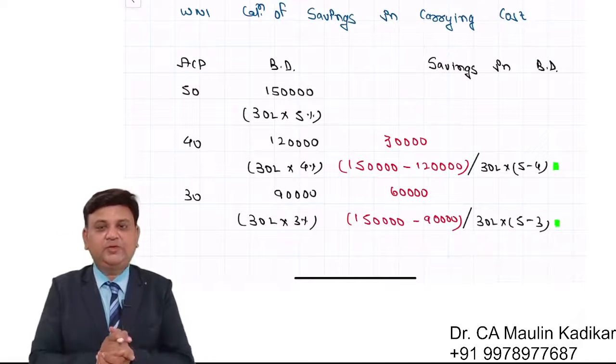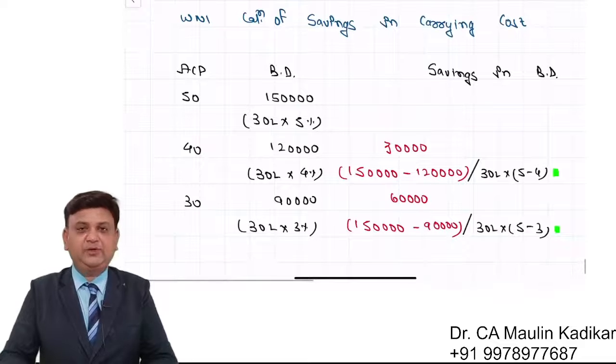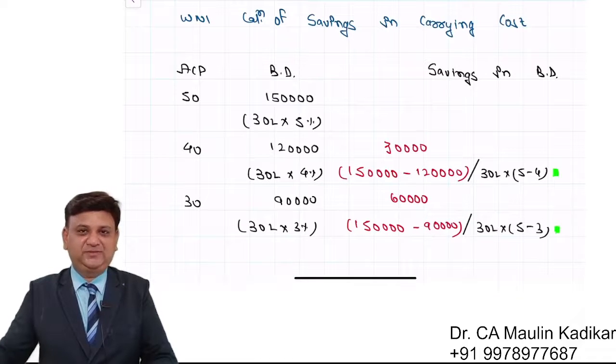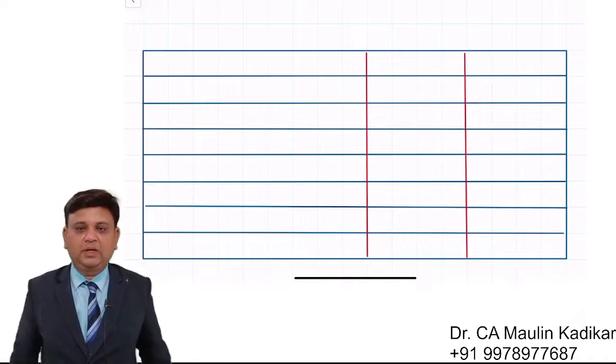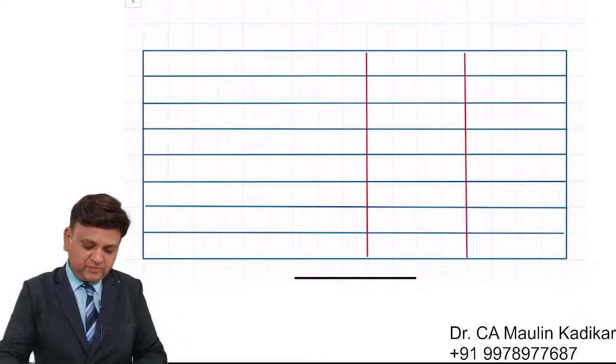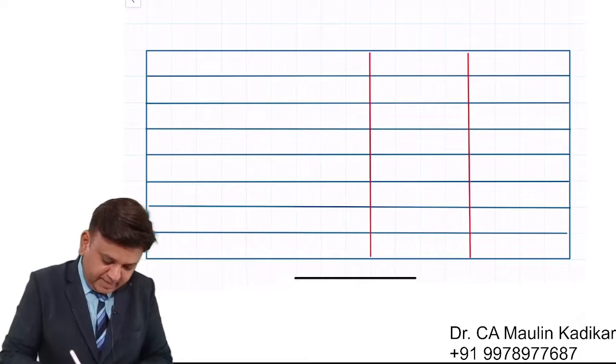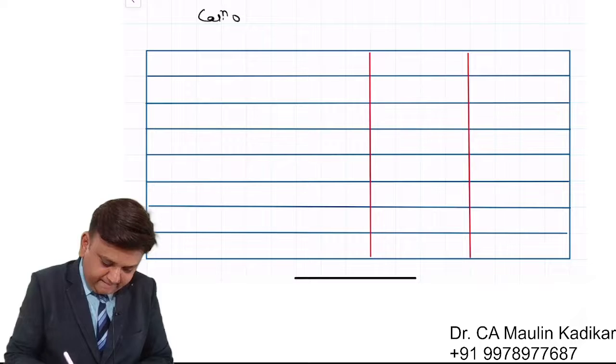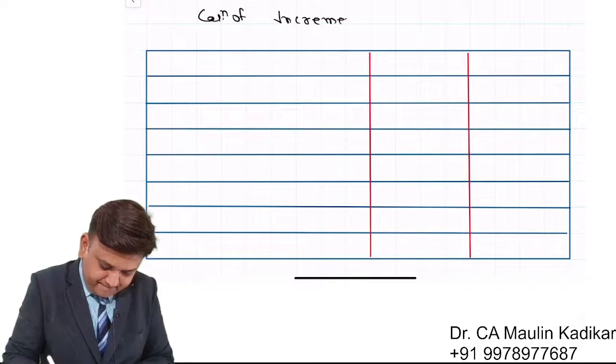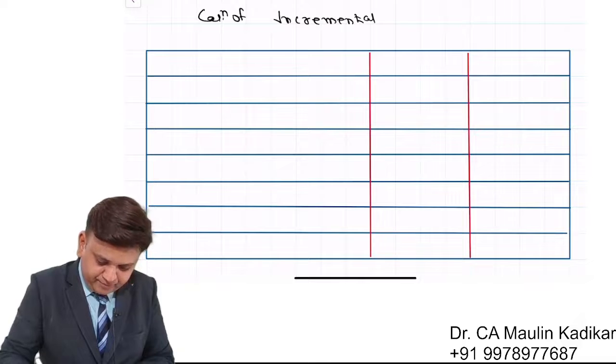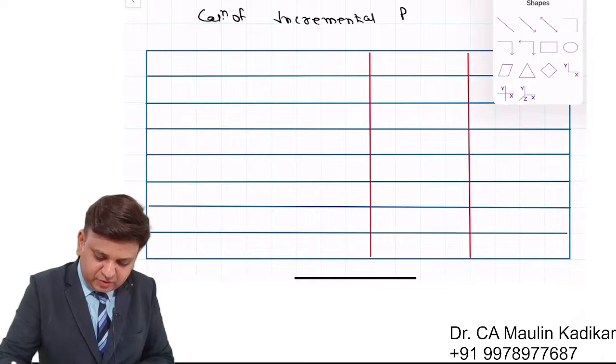I request you to do the further answer on your own and put your answer in the chat box. So I request all of you to write down the answer along with me. Calculation of incremental profit or loss.